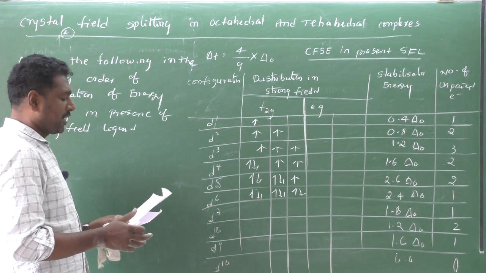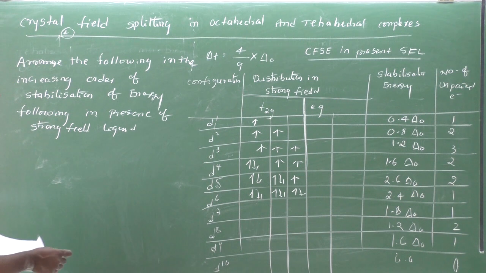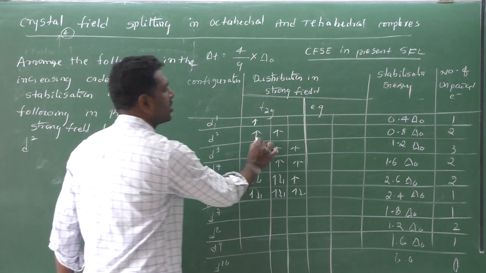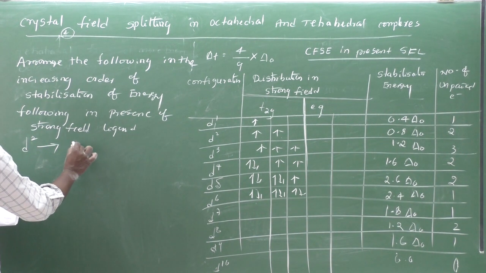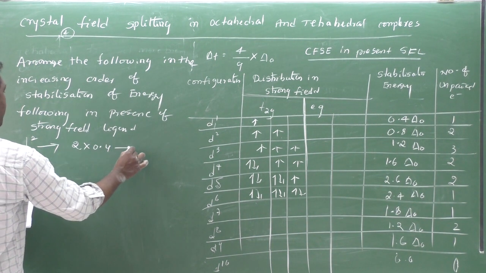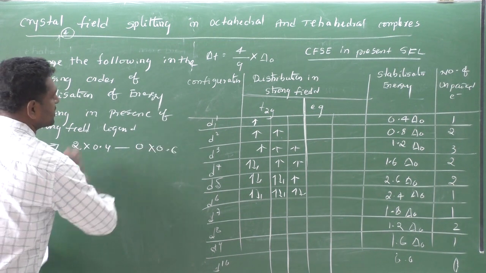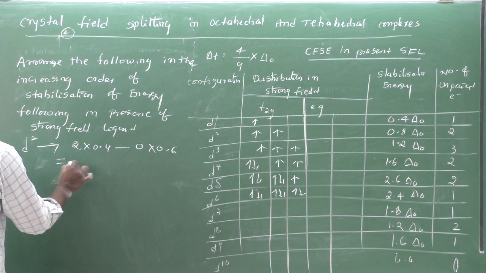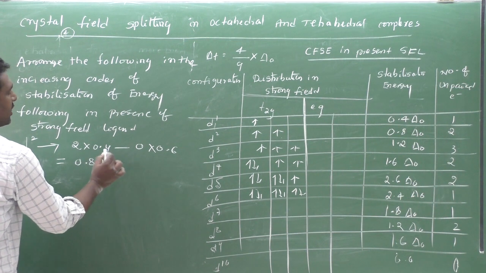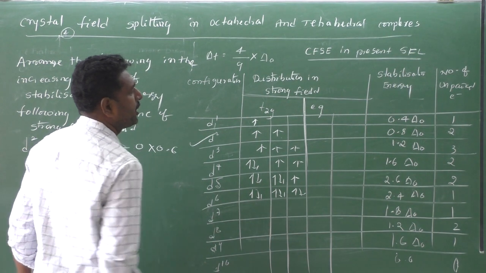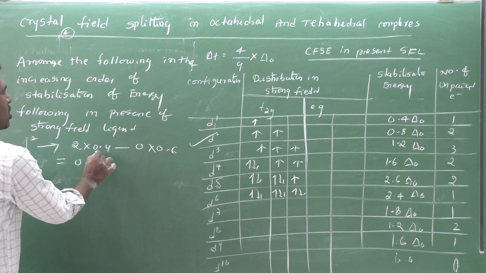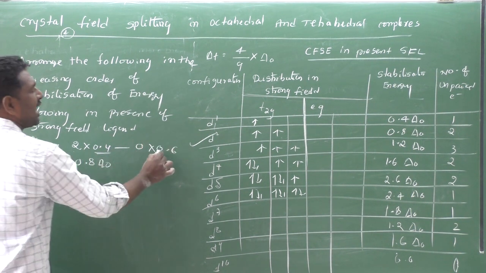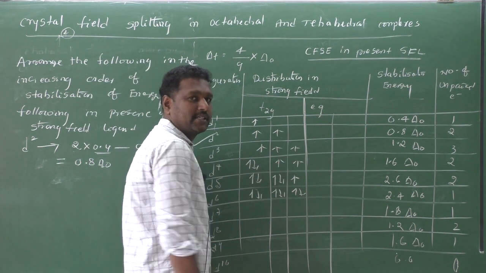I will calculate them. For d2, how many unpaired electrons are there? 2 unpaired electrons. Therefore, for d2 we write 2 into 0.4 minus 0 into 0.6, so this value becomes 0.8 Δ0. How? For the d2 orbital, the distribution takes place with 0.4 for T2g and 0.6 for Eg.